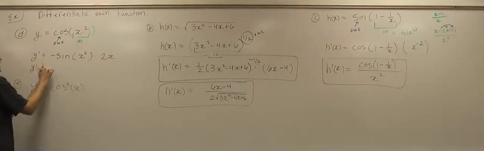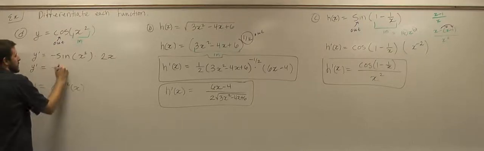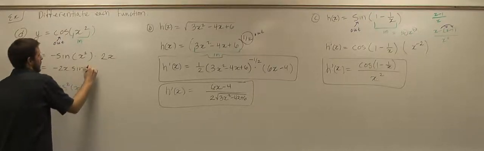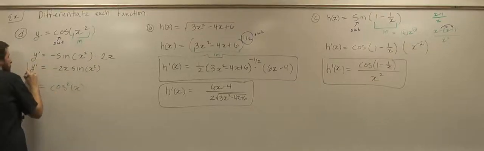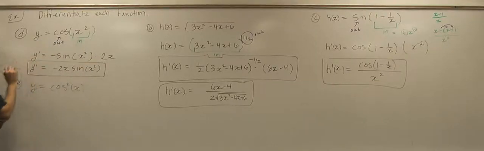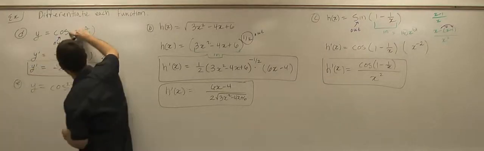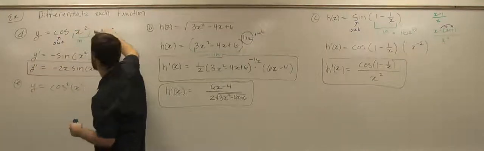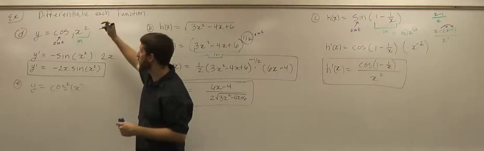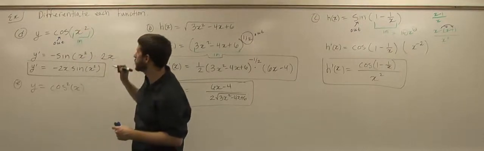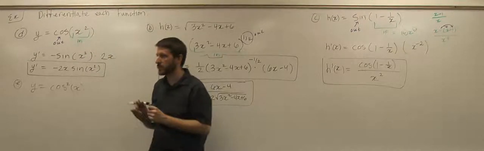So y prime here is negative 2x sine x squared. By the way, if you don't see parentheses here, it means the same thing: cos x squared and cos of x squared mean the same thing.